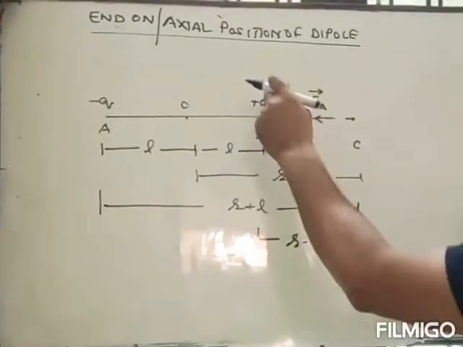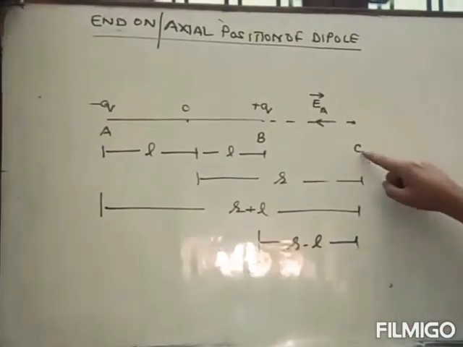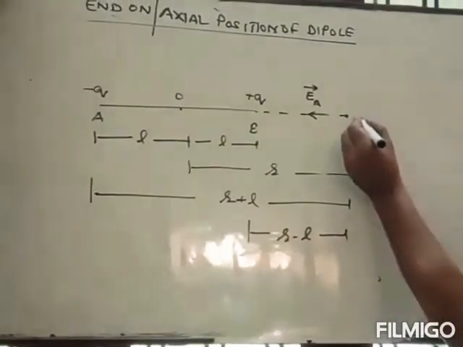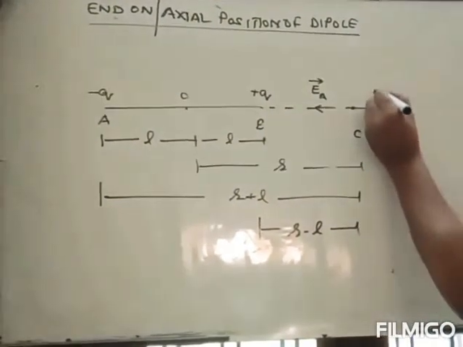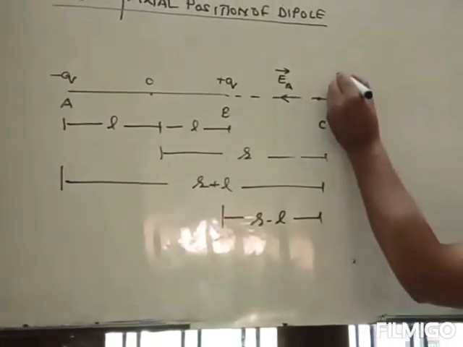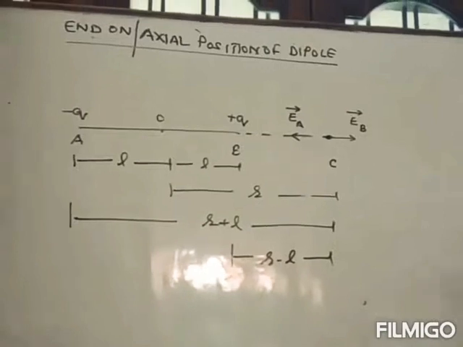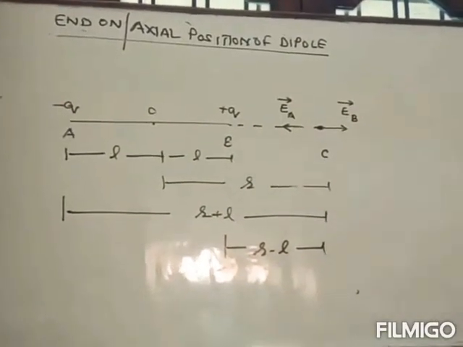Similarly, at point B charge plus Q is kept, so the direction of electric field at point C will be from B to C, from positive to C. So this is the direction of electric field due to charge at point B. See here, at point C the directions of electric fields EA and EB are opposite.